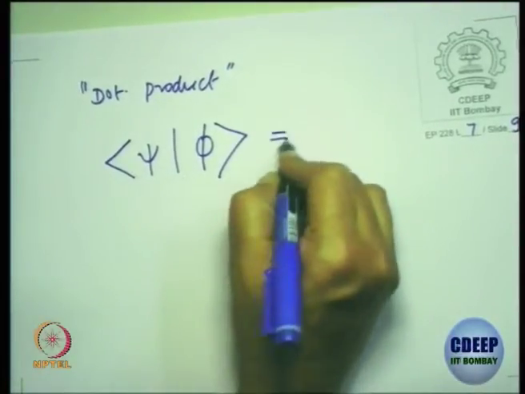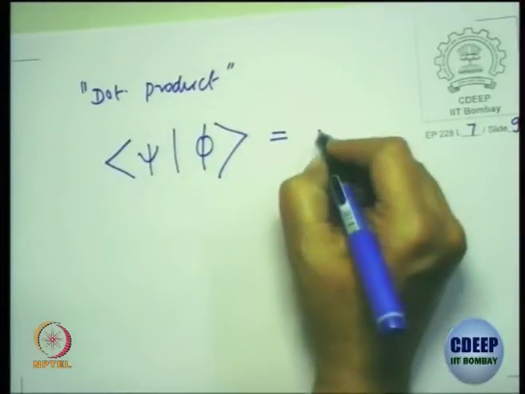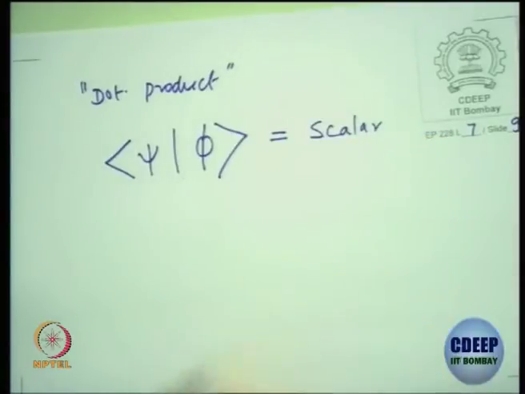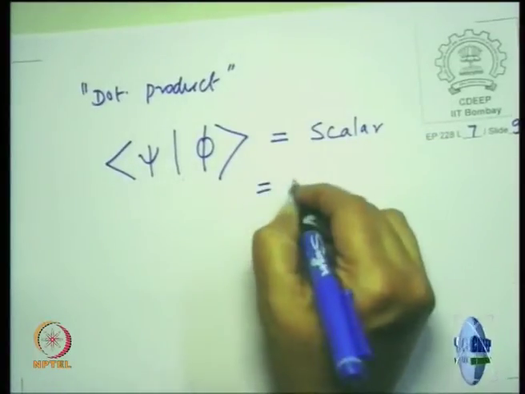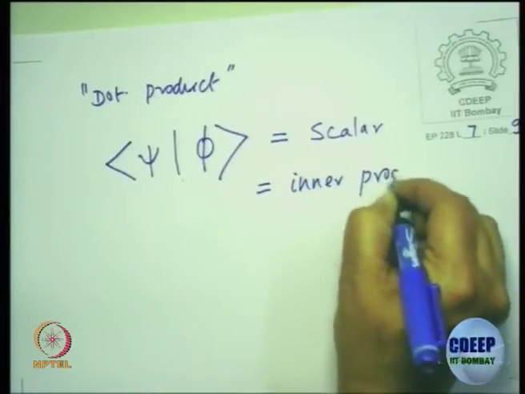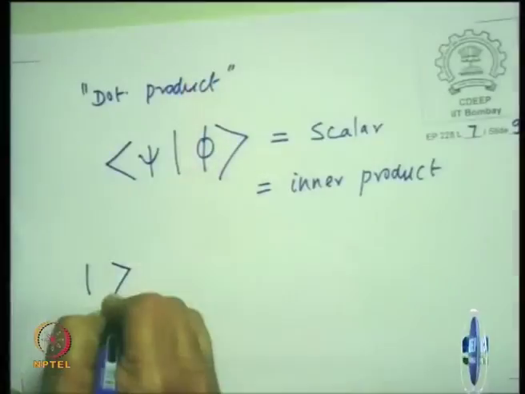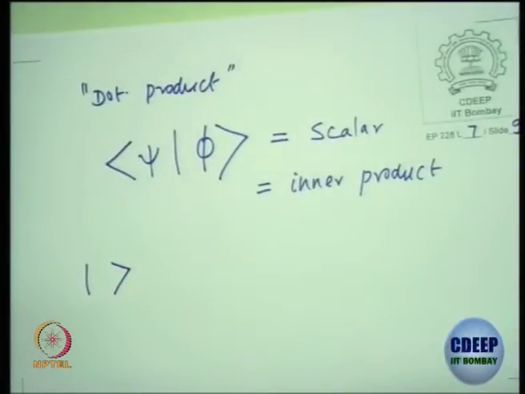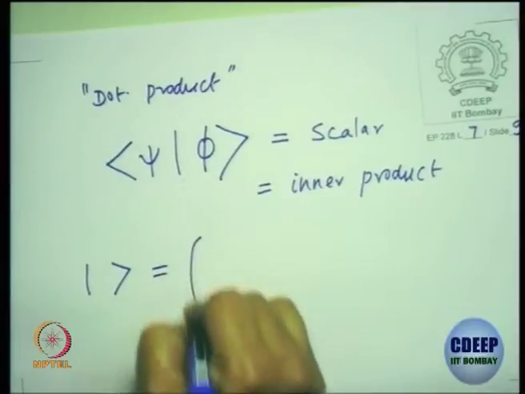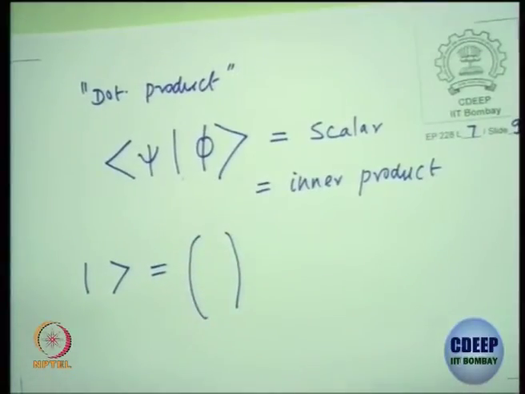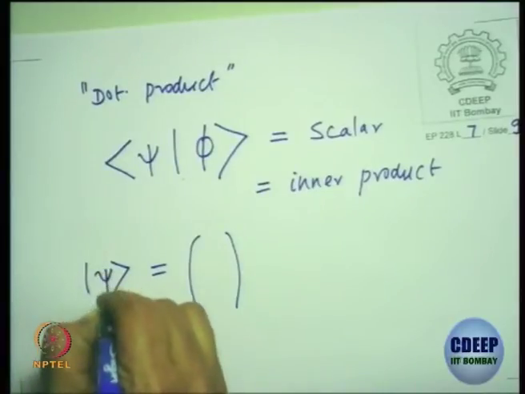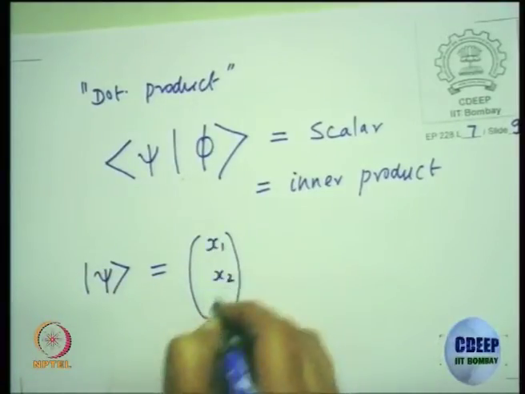This is supposed to be like a dot product which will give you a scalar, and this is sometimes called an inner product. Okay. So, to make contact with your familiar R3, let us write the ket vector as a column. Suppose I want to write a ket vector psi as x1, x2 and x3.